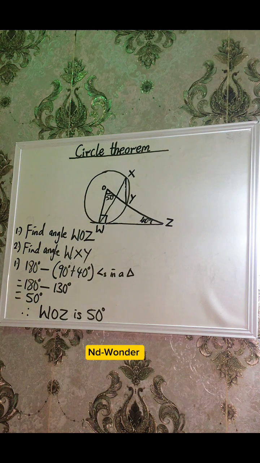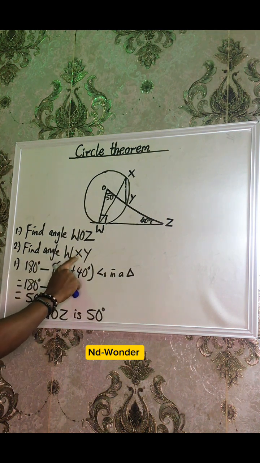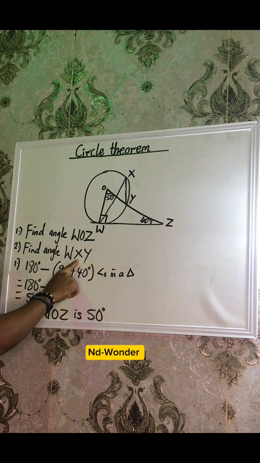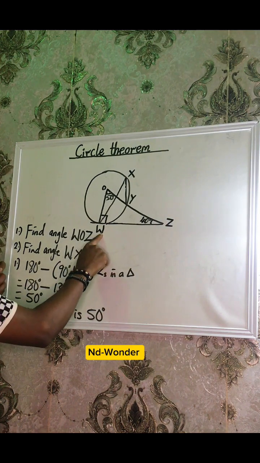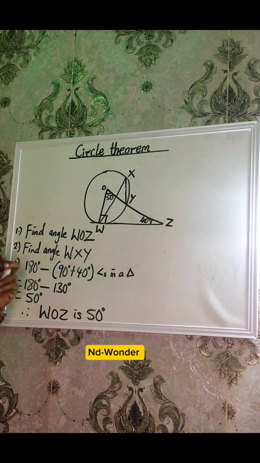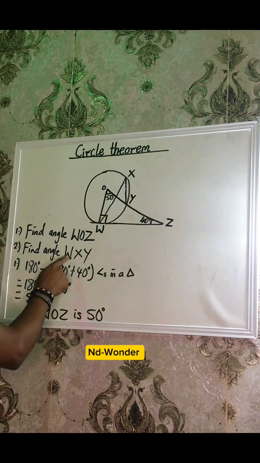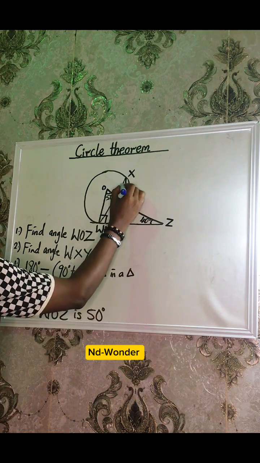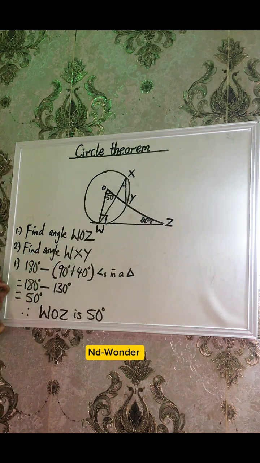Then the next question. Find angle WXY. Like I said earlier, the middle letter is what you are looking for. WXY. What are we looking for now? X, which is here. Now, how do we obtain that?